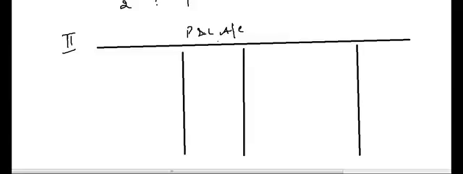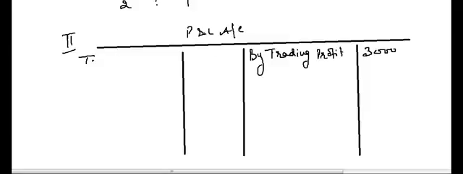Now, what is the profit? I'll say by trading profit, 3000. Now, interest on capital is to be paid. It is a charge, to interest on capital.